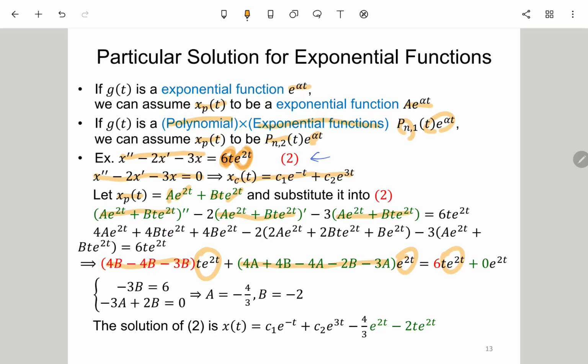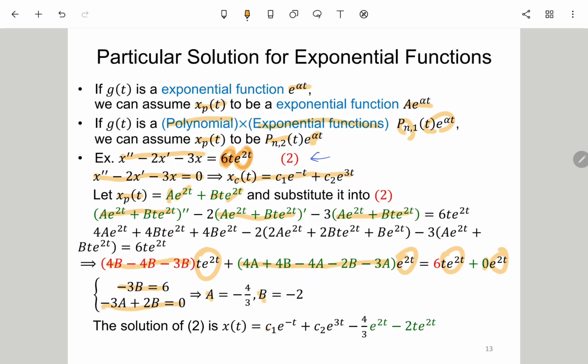Originally you don't have exponential 2t on the right side, which means it should be 0 multiplied by exponential 2t. Comparing the coefficients, you will have minus 3b equals 6, and minus 3a plus 2b equals 0. Then you have two unknown variables with two equations, so that you will be able to find a and b.